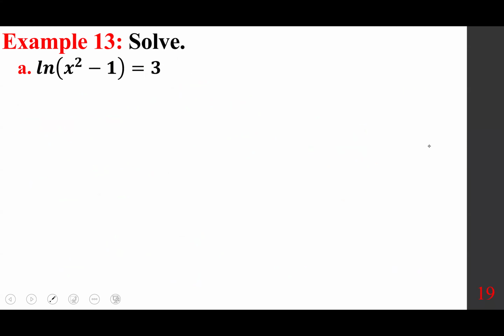Solve. ln of x squared minus 1 equals 3. You go to the exponential format. X squared minus 1 is e cubed. Remember, e cubed is not missing, it is a number, okay? But it's an exact answer. You move the -1, that means you add 1 to both sides.